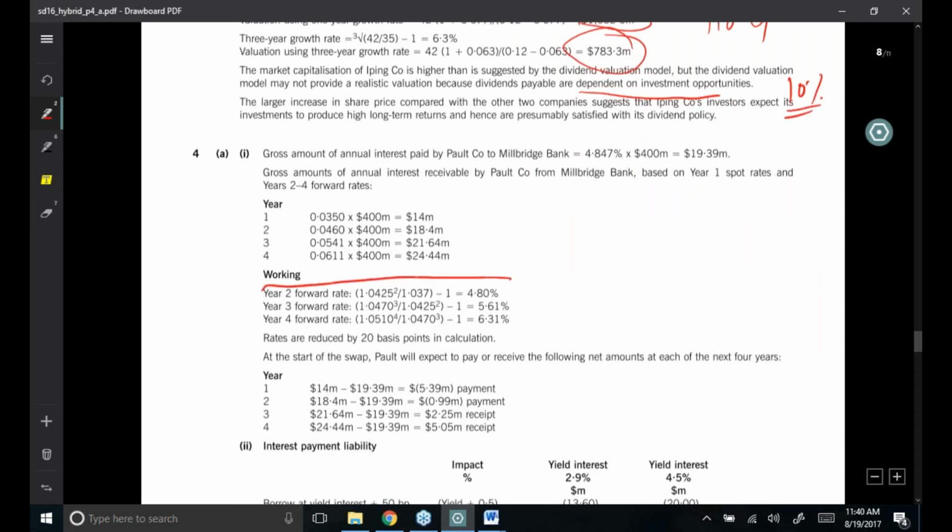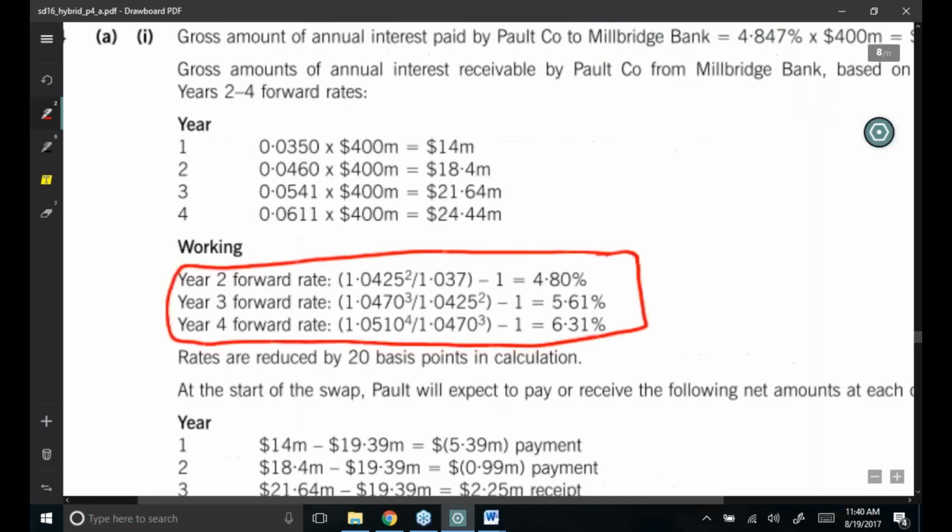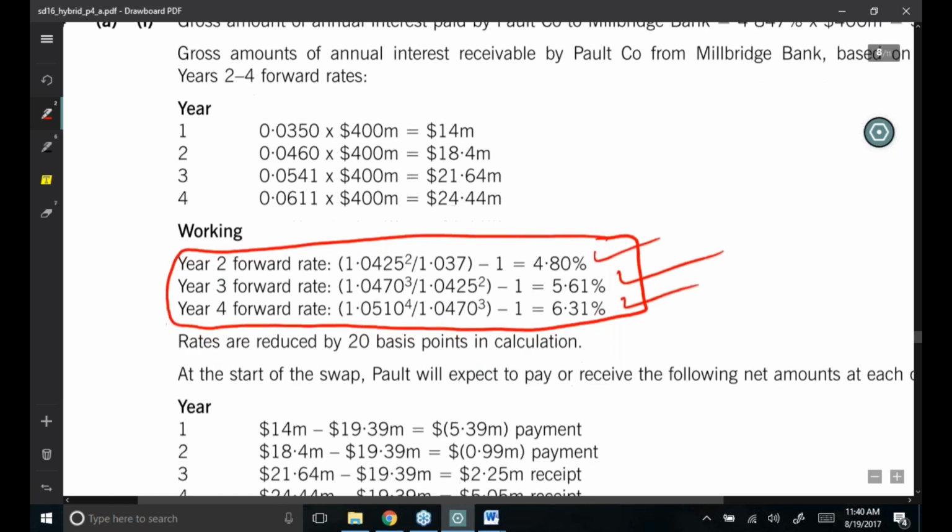These are the forward rates. Two-year spot yield over the 1-year spot yield, year 2 forward. 3-year spot yield over the 2-year spot yield, 3rd year forward. 4-year spot yield over the 3rd year spot yield, 4th year forward.